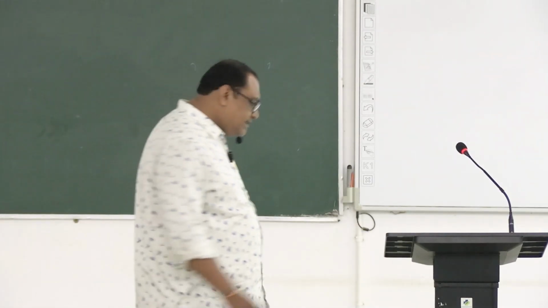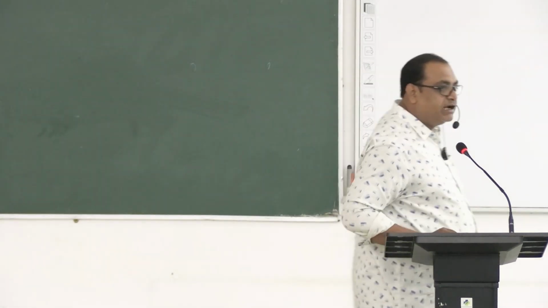Correct? This D3 is measured in the laboratory. Which one? 24,25 D3 is measured in the laboratory. Why? Because we think if we measure 1,25 D3, it is very, very costly and very difficult to measure.